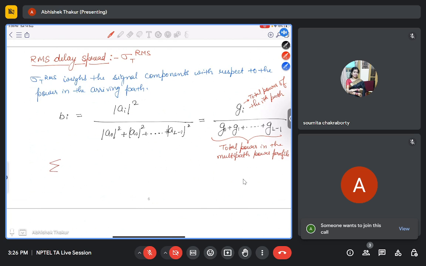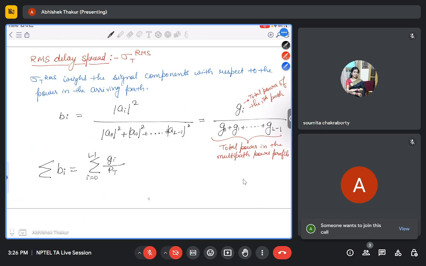Also, the summation of Bi, what will it be? Summation of Bi will be summation of Gi divided by G naught plus G1 and so on, or we can take this as the total power PT, which is a constant term.